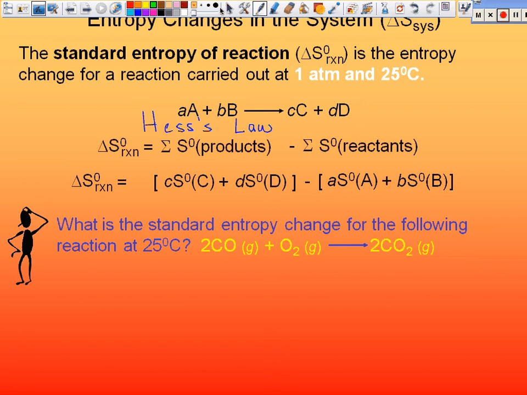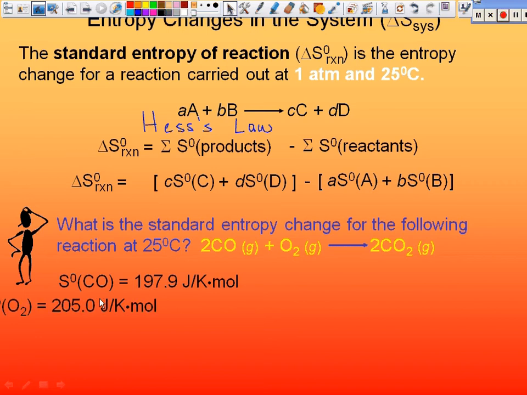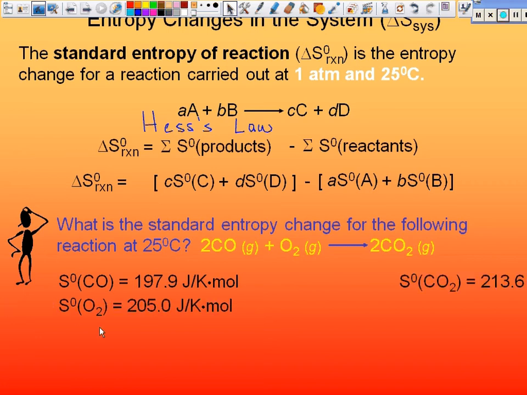So the math is the exact same. It's adding one more piece of complexity to it because you're not going to have any zeros to eliminate some of the parts of the math. So here would be your numbers. Carbon monoxide has a delta S of 198-ish. Oxygen is 205. And carbon dioxide is 213. But the important thing about this is when you're setting up Hess's law, let me ask you something.